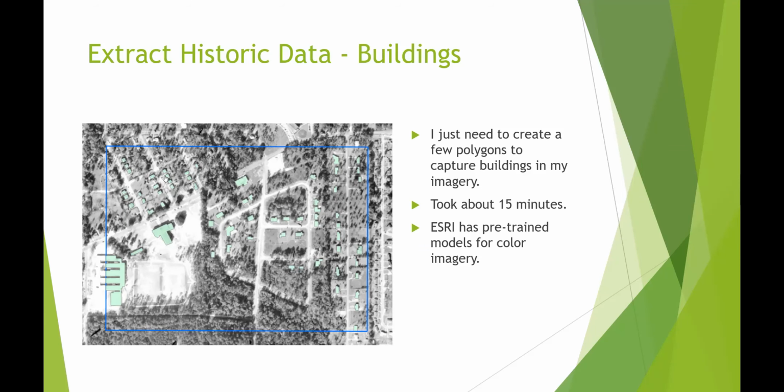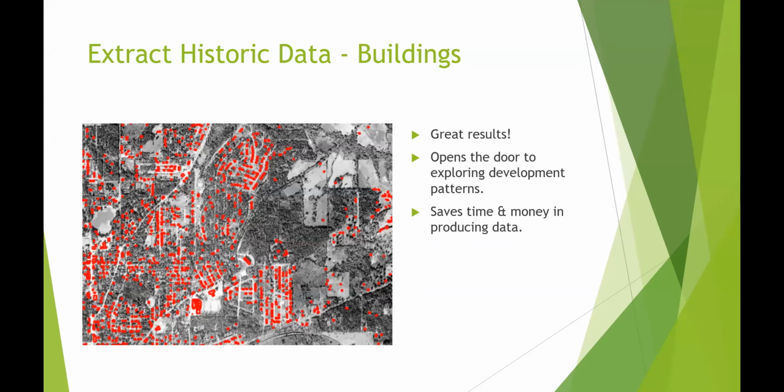And it took about 15 minutes. And as we see, it produces really good results. So from 15 minutes of work, I can run that on the entirety of the county, and I can create a dataset of buildings from 1954 with minimal QA/QC on the back end from GIS staff or interns, just to verify that everything looks correct.